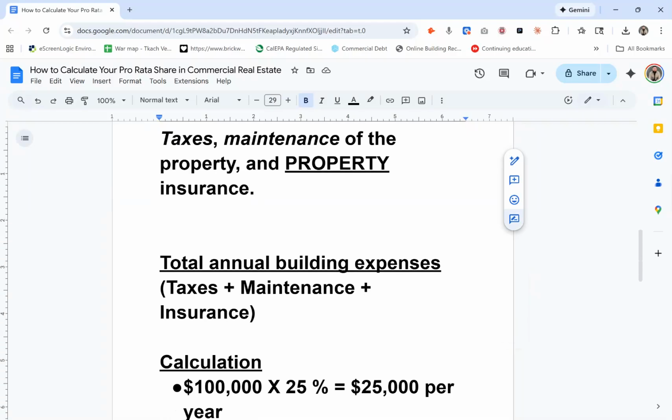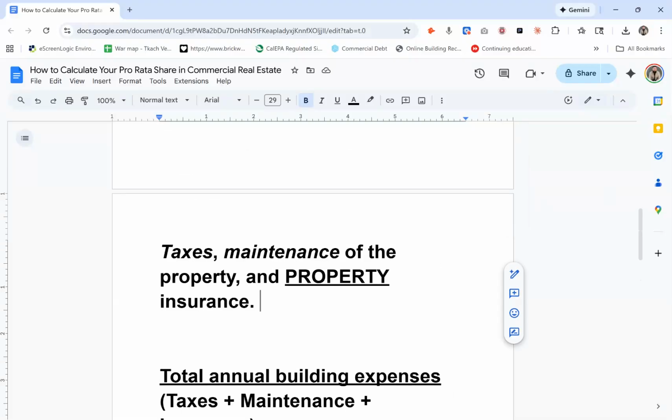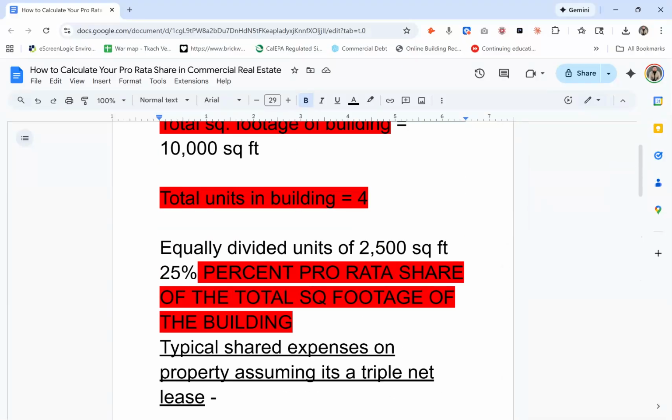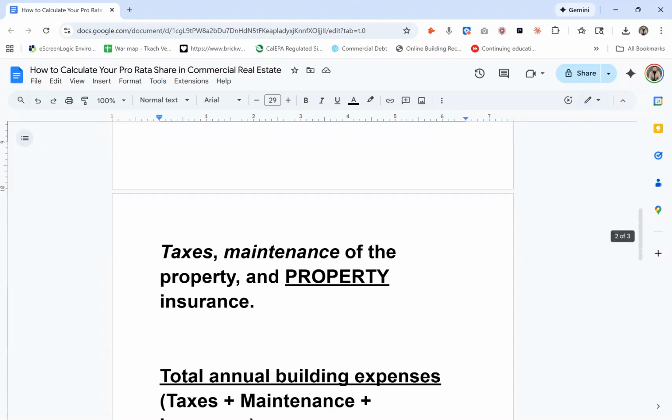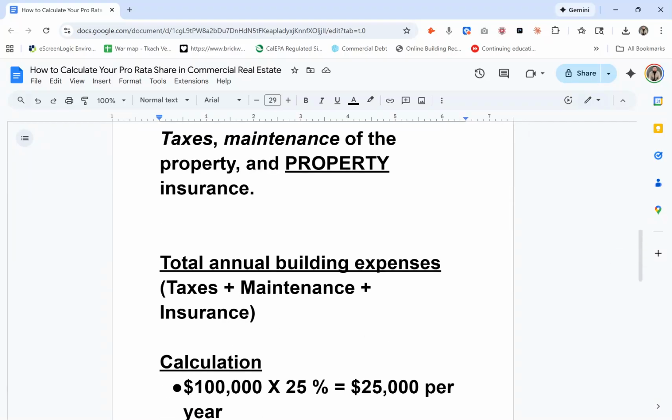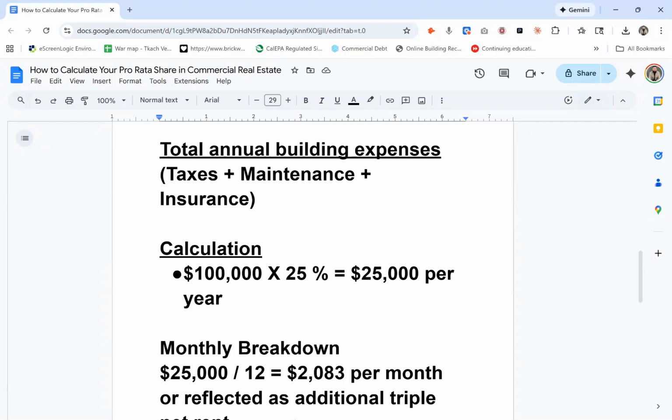Now, if you have the total annual operating expenses for the building, okay, your pro rata share is going to be paying 25% of those expenses. And so the total building expenses, let's say the taxes, the maintenance, insurance of our example building are, for this example, 100,000. Okay?